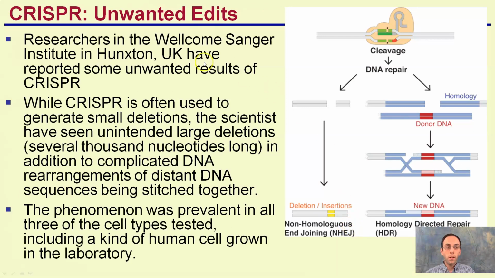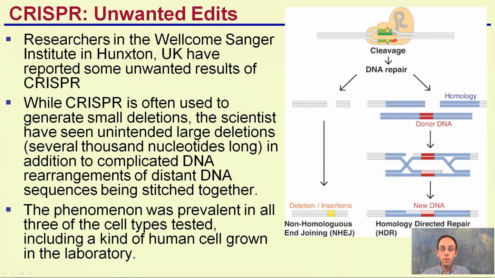There's also been some research over in the UK that have reported some unwanted results of CRISPR. So while CRISPR is often used to generate small deletions, as I've shown, and that's what it shows here, scientists have seen unintended large deletions. When I say large, we're talking several thousand nucleotides long, in addition to complicated DNA arrangements of distant sequences being stitched together.